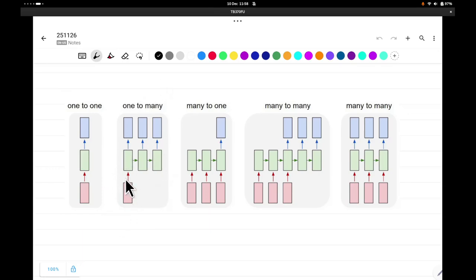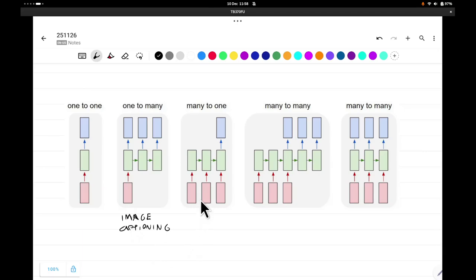The typical case here would be image captioning. So you give an image as input, and you want to get a description of the image, not just a classification of what it contains. It could be natural language, or in any case, a list of objects that are contained.